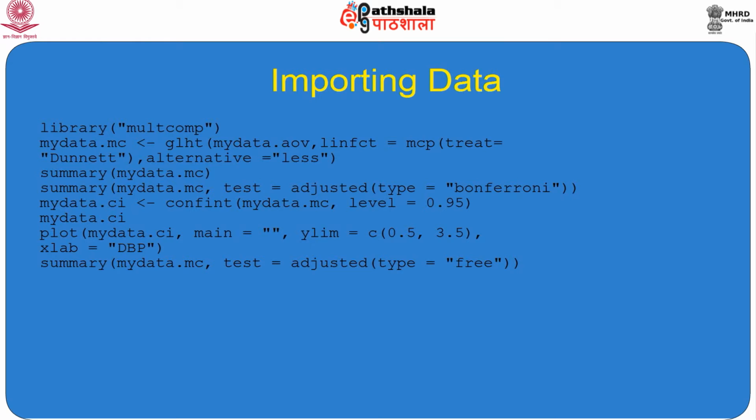For the 95% confidence interval, the variation of the point estimates will be observed, and thereafter we will go for plotting these results as a graphical expression to see how the differences are observed, and later go for the summary of mydata.mc by applying this adjusted test.